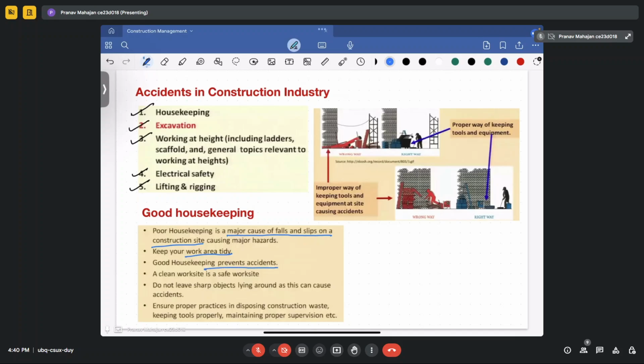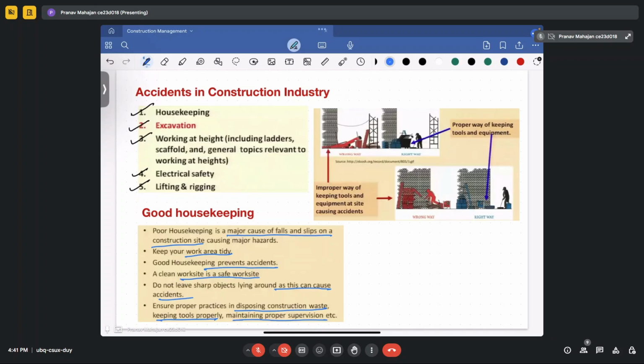A clear work site is a safe work site, and we should not leave sharp objects lying around, as this can cause accidents during the activities. We have to ensure proper practice in disposing of construction waste, keeping tools properly, and maintaining proper supervision at particular sites.